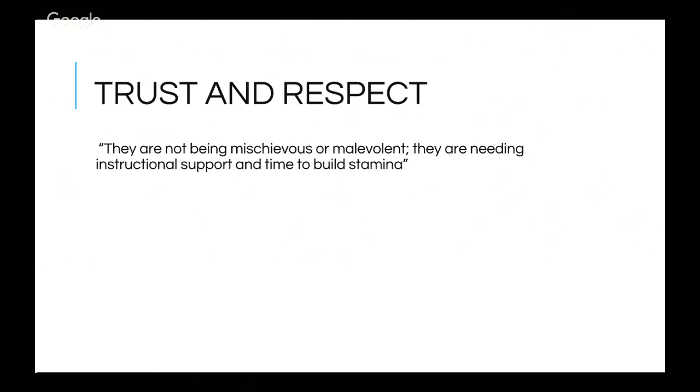So in order to establish trust and respect in your classroom, you first of all need to know that they're giving you a message if children are being mischievous, and instead of getting after them, you need to respond to them in a more constructive way, provide them whatever instructional support or time that they need. They also need to build stamina.